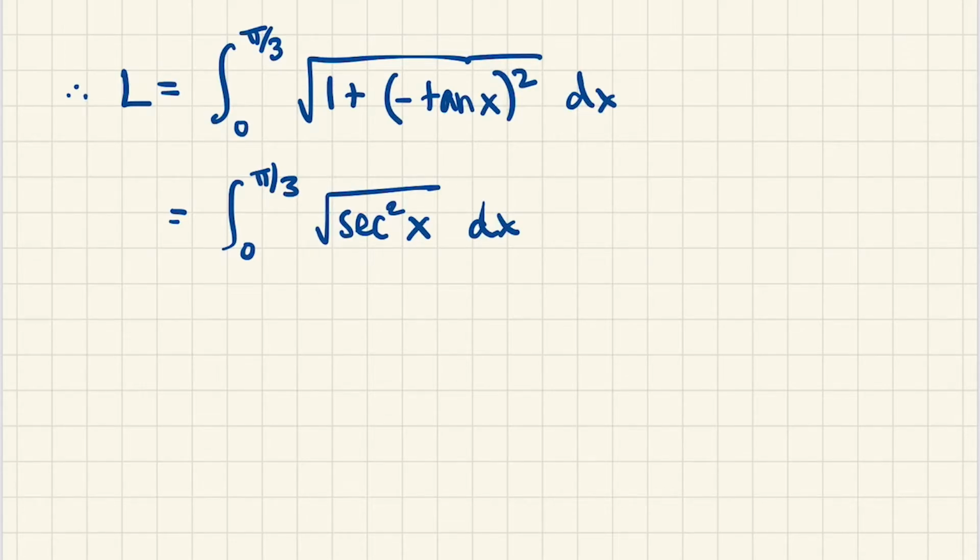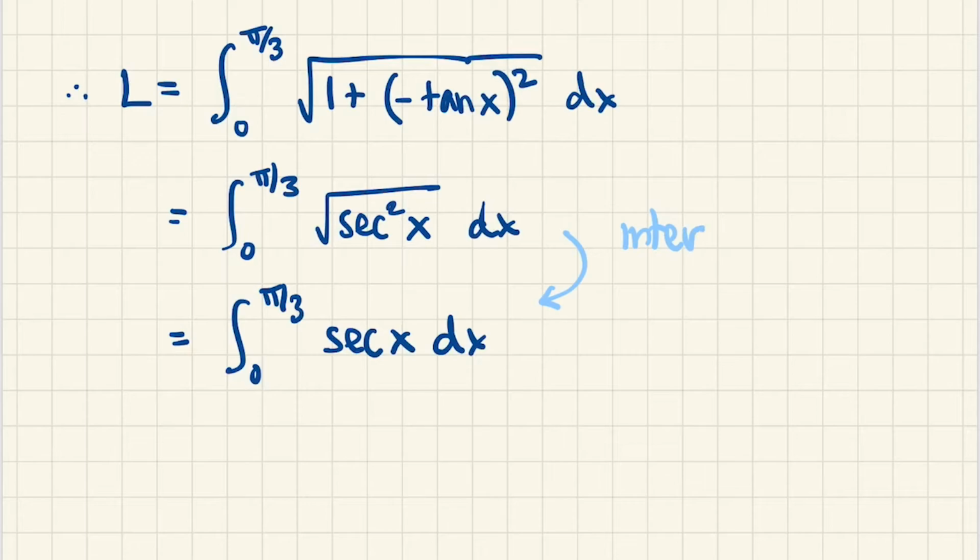And we can reduce this to simply secant of x dx. And why is that? Because the interval that we're considering here is in quadrant 1, and secant values are all positive in quadrant 1. So we don't need the absolute value.